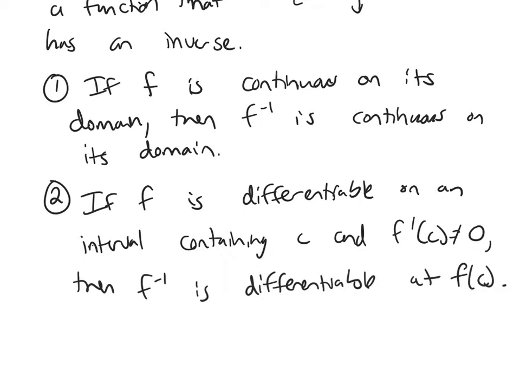So if you start off with a differentiable function and you know that the derivative is not 0 at c, then the inverse will also be differentiable, but at f of c now.